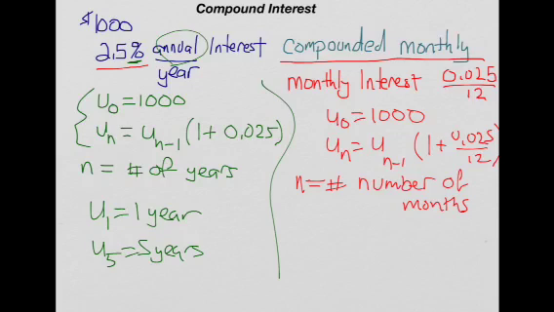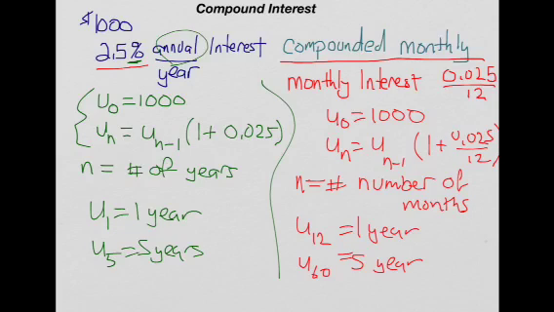When I'm dealing with this monthly, my n is the number of months, so if I want 1 year, that's 12 months, so I'm looking for u sub 12. If I want 5 years, that's 5 times 12, or 60 months.